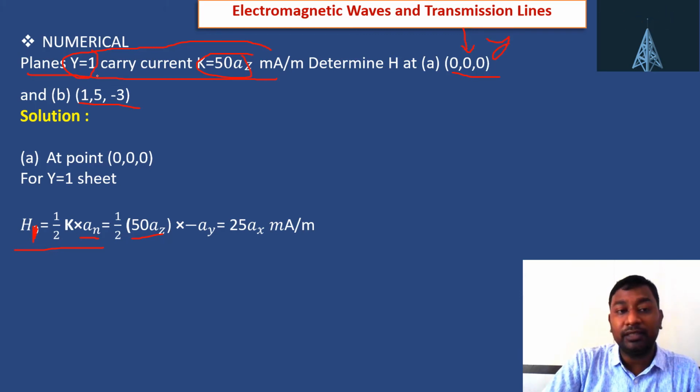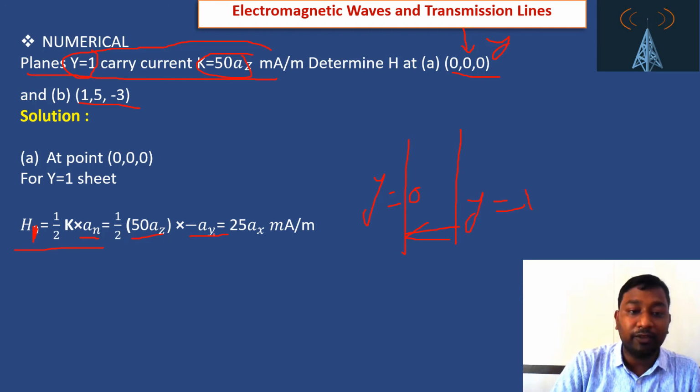Now sheet is given as y equal to 1. So which one is greater, 0 or 1? Obviously 1 is greater than 0. So if the y equal to 1 sheet is there, then 0 is behind that. So y equal to 0 will be there. So that's why the direction will be minus ay.